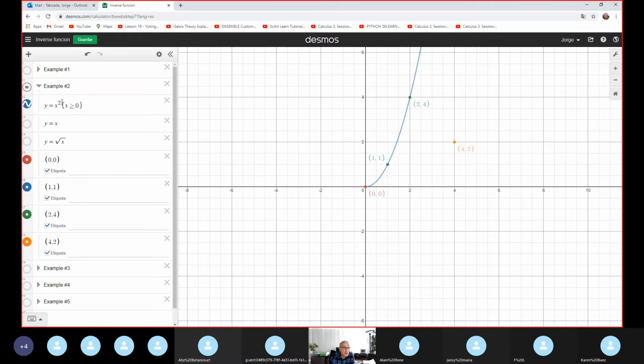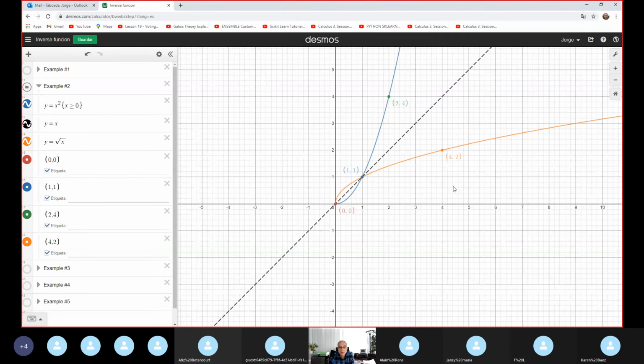So you open curly bracket, x greater than or equal to 0, and this is 1 to 1. Now the inverse function is a square root we found, and look at the symmetry with the line y equals x. The typical point (0,0), (1,1) is the same for both graphs, but (2,4), because 2 squared is 4 and the square root of 4 is 2. You interchange x and y. End of the story. We are the best.